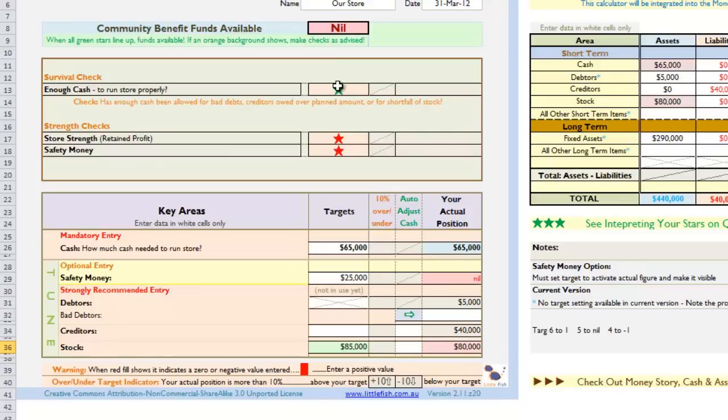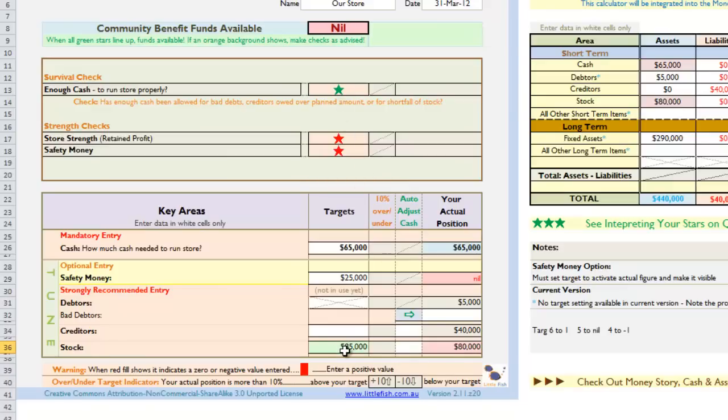And even though you have enough cash, what it's saying is that that target for stock is higher than your actual position. So to be as strong a business as you want, you should have enough stock, and therefore you're not strong enough even though you've got the cash.